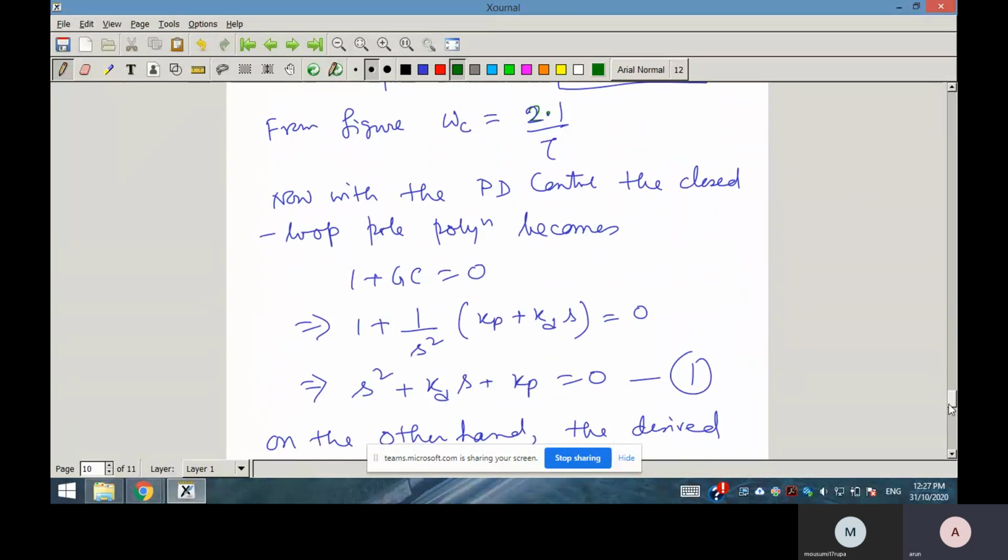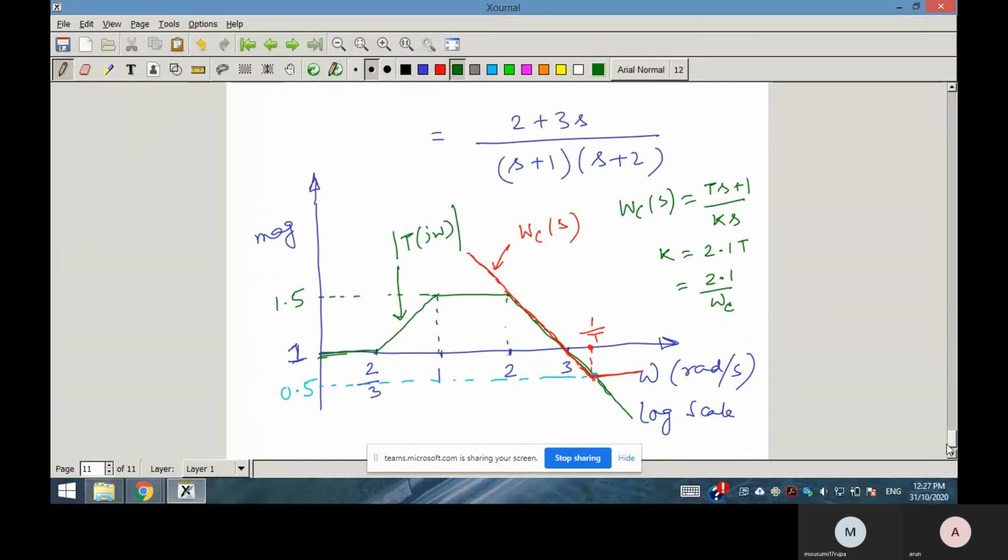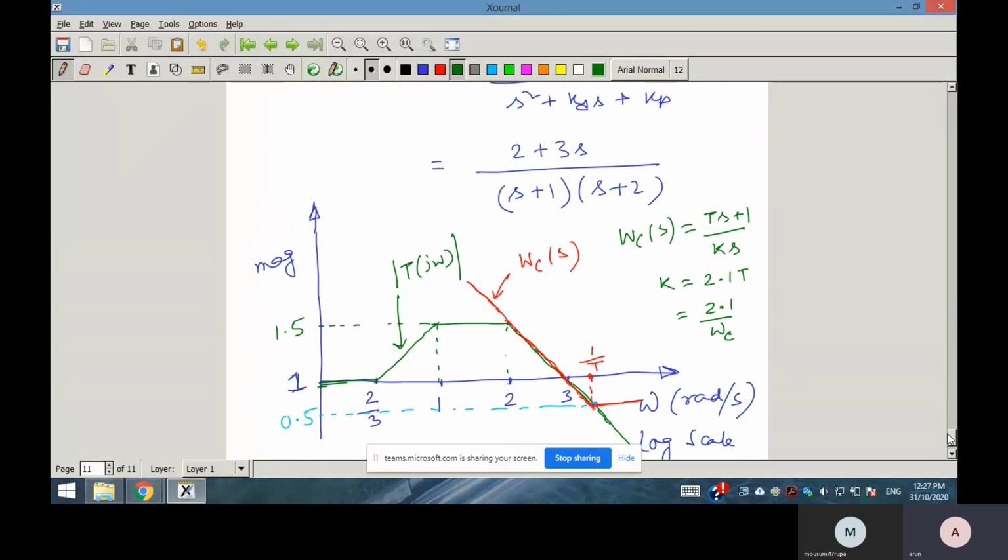Omega c is 2.1 by tau. So here some error is there.